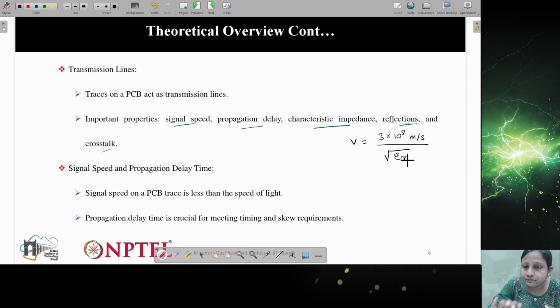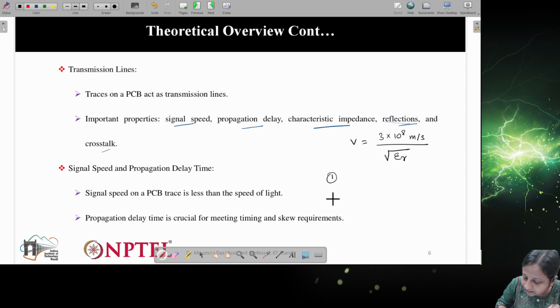Let's say there is a PCB board having microstrip 1 and microstrip 2, different types of PCB lines, and say one system and another second one, each having, let's say, thickness 0.501. So this is the thickness.